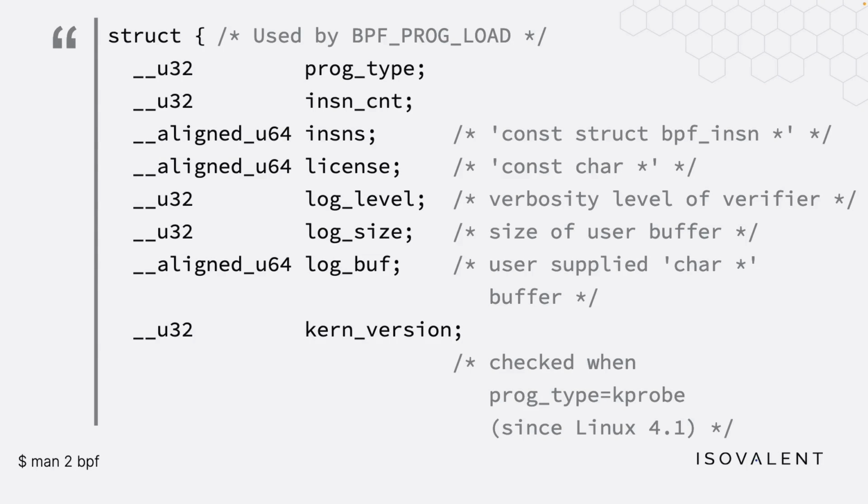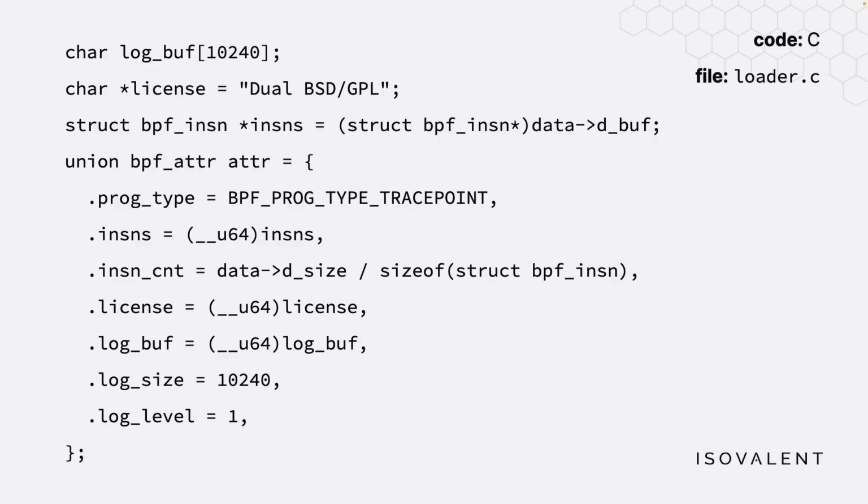We can also see what information it expects us to give. See, there's quite a lot of stuff here, and we'll go over this in a bit more detail in a minute. So here's a load of code. First of all, because this syscall also does verification, we can get errors out, but the syscall can only return an integer.